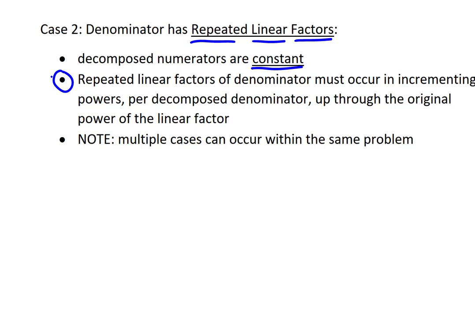If we have repeated linear factors, then those of the denominator must occur in incrementing powers per decomposed denominator up through the original power of the linear factor. Now, that is a mouthful. Let's see if we can maybe look at an example to see what that all means. And then, of course, we'll note that multiple cases can occur within the same problem, and we'll just see that continuing to be true as we build up more and more cases.